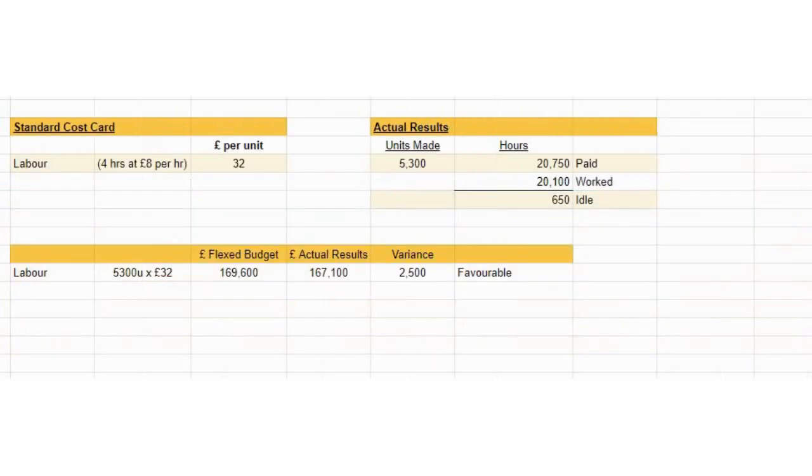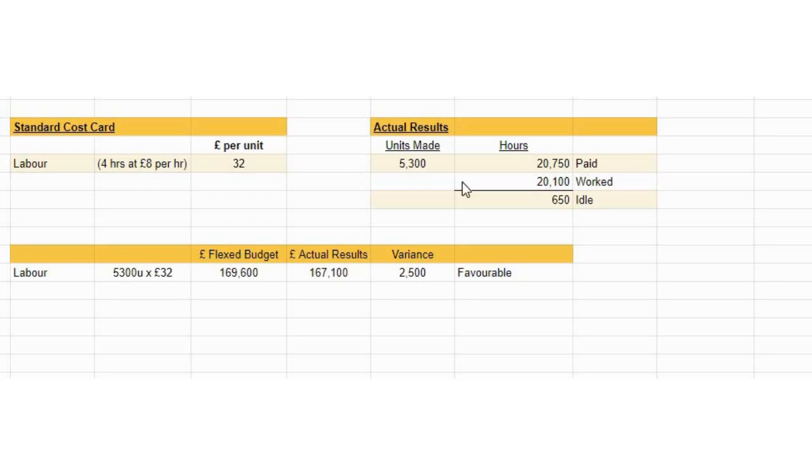So to avoid flipping between screens, I've taken some information. From the standard cost card, I've got labour at 4 hours at £8 per hour, giving £32 per unit. And the number of units made were, for the actual results, 5,300. The number of hours paid were 20,750.